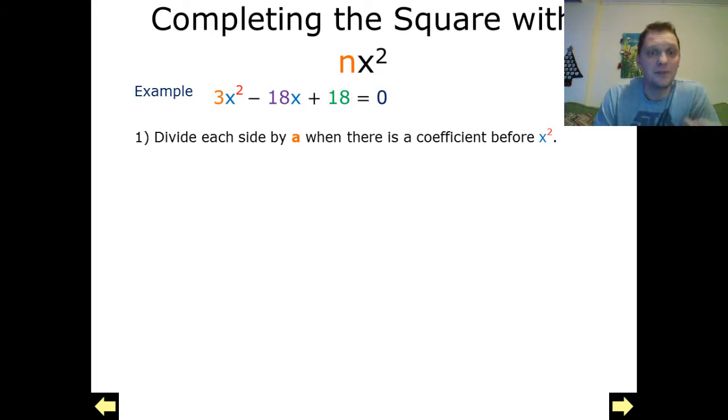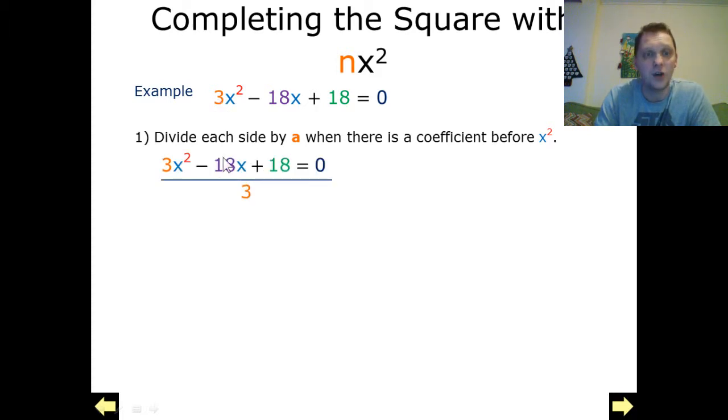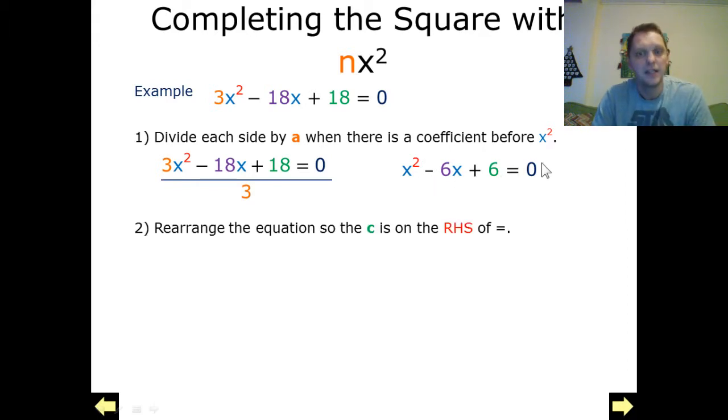So first of all, I'm going to divide both sides by the number in front of the x squared, so I'm going to be dividing all of this by 3, which leaves us with x squared minus 6x plus 6 equals 0. Now we're going to rearrange, step 2, so that our constant, our plus 6, is going to be on the right hand side.